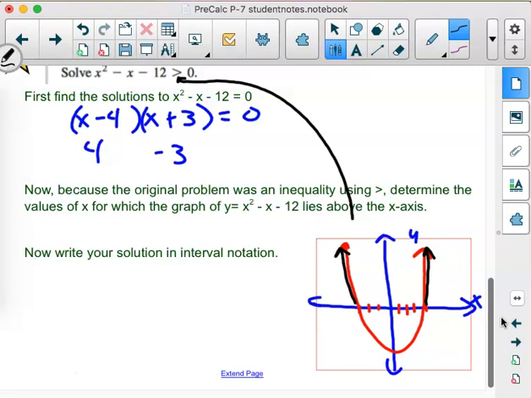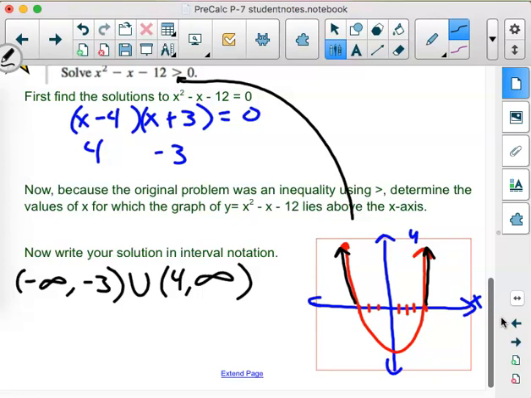So my 4 and my negative 3 are my cutoffs. Negative infinity, think number line, we roll up to negative 3. We can't include it, because remember it said greater than, it didn't say greater than or equal to. Or 4 to infinity. So interval notation is just like walking along the number line.